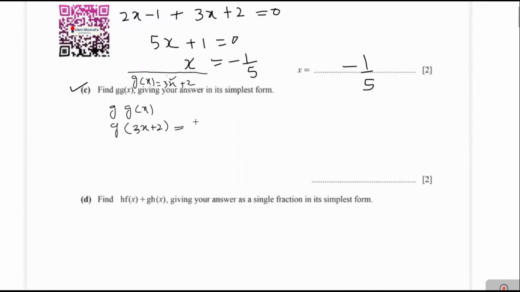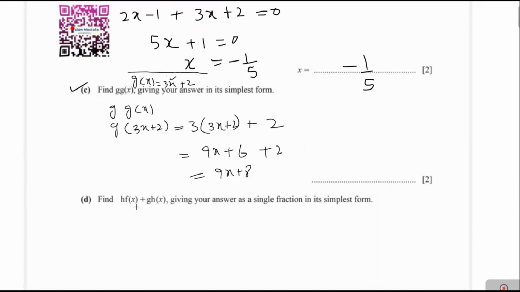Now you see here 3 is written as it is, and in place of x we write 2x minus 1 and plus 2 is written as it is. Now next we can write it as 3 times 2x is 6x minus 3 plus 2, and that's equal to 6x minus 1 is the answer.